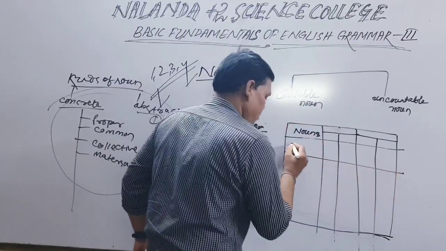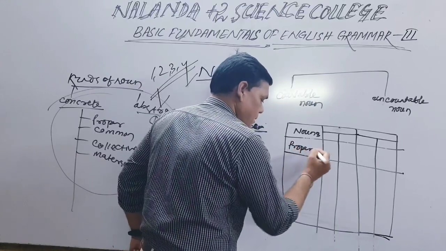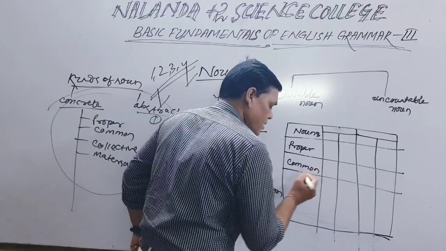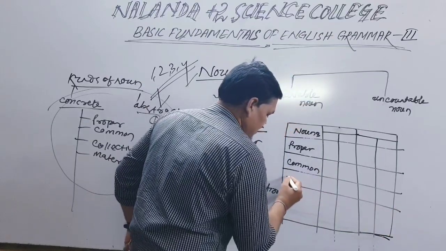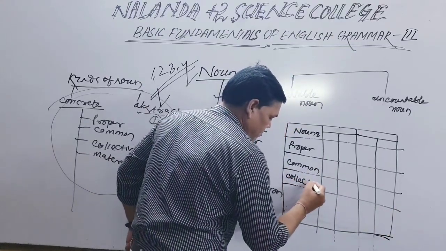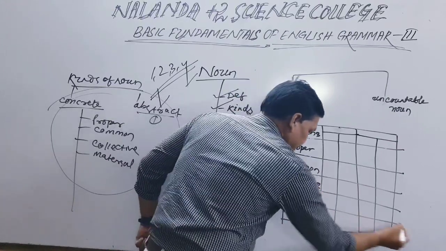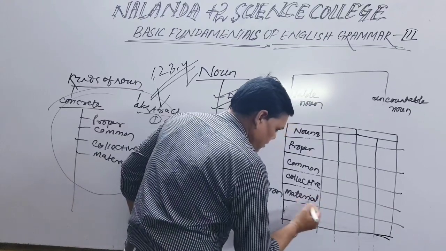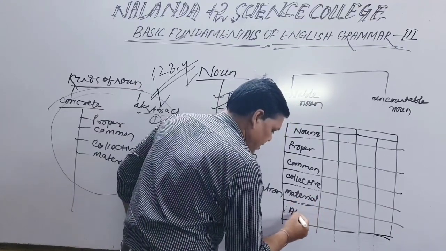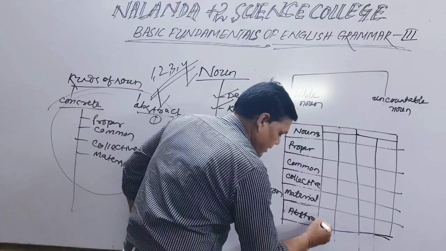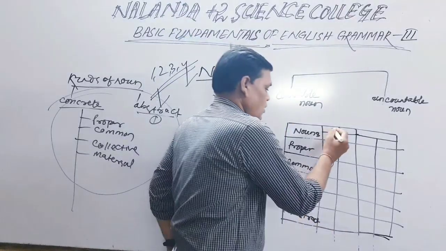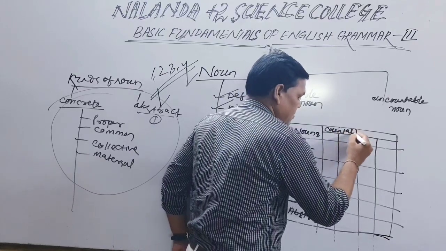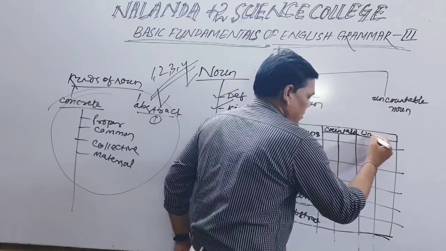First one is a proper noun. Second one is common noun. Third one is collective noun. Fourth one is material noun. Fifth one is abstract noun. Am I correct? Yes. Look here. This is countable. This is uncountable.